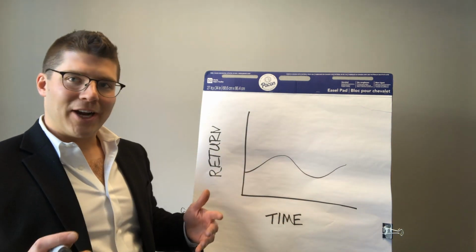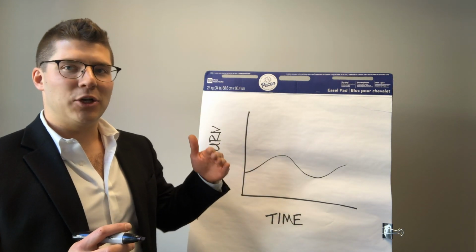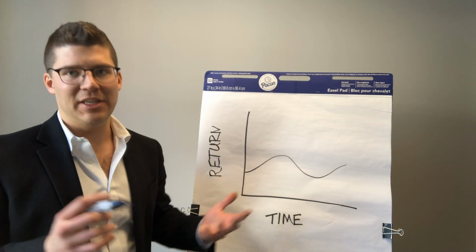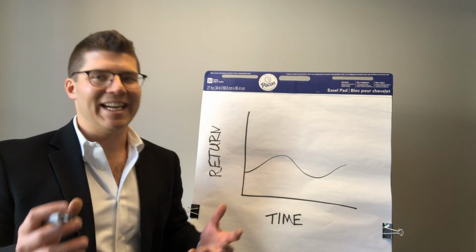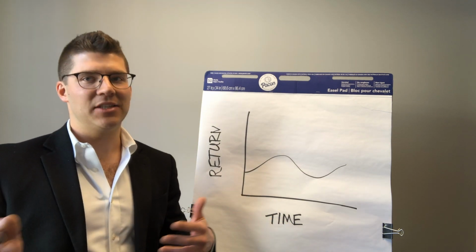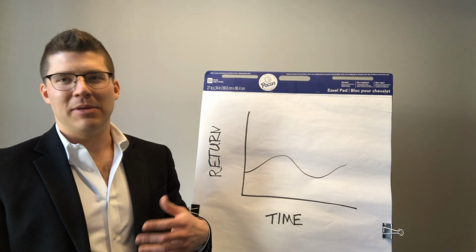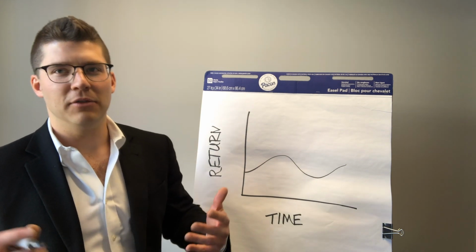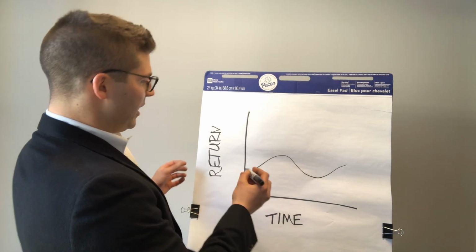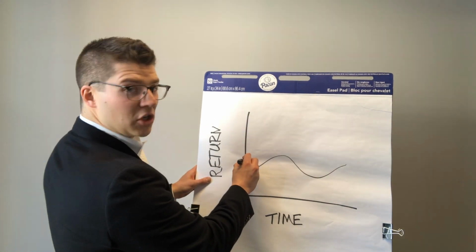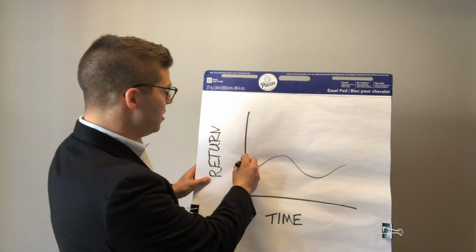Now, how does that compare to, let's say, a core plus investment? This is something with generally older construction, maybe 90s construction, and a less creditworthy tenant, maybe local or regional credit, for example. That's going to look a little bit more like this. It's starting with a higher return.